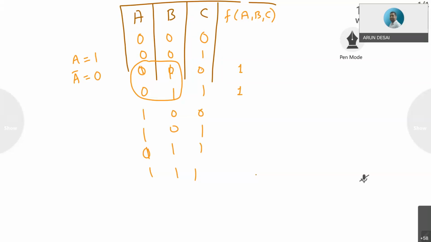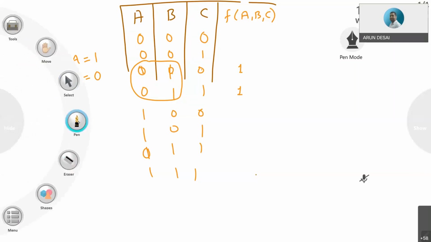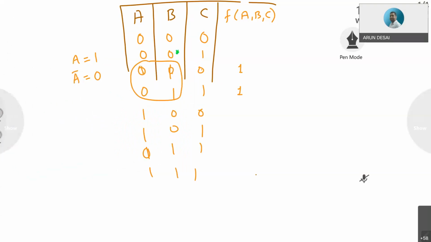Or the expression is true at B complement C combination. Only two combinations are present, so all others are 0.